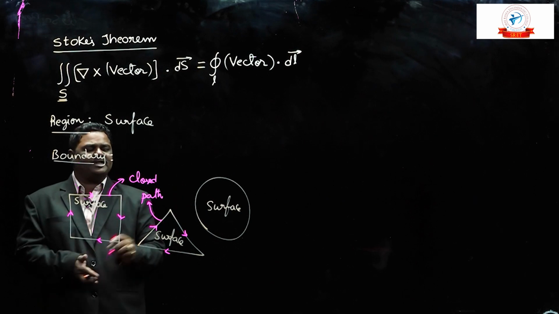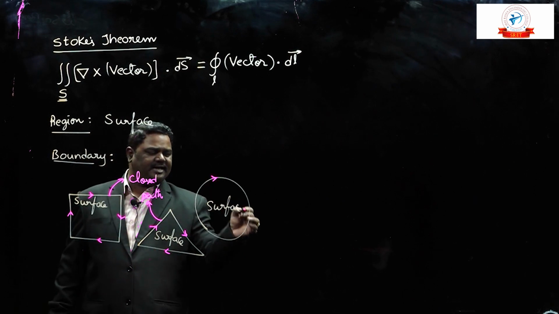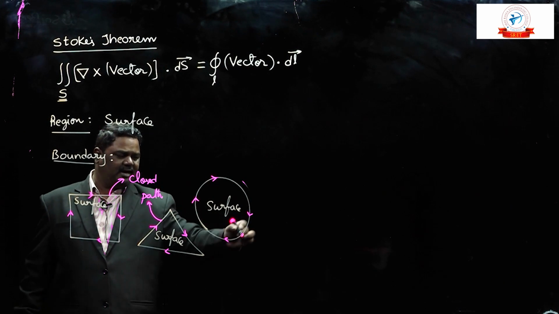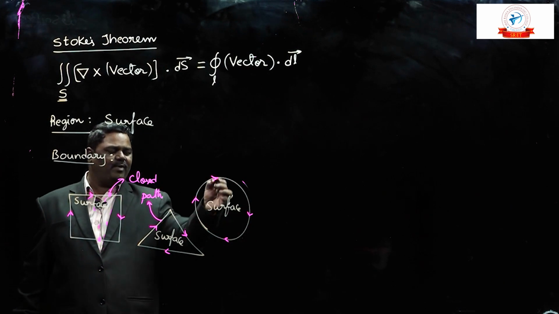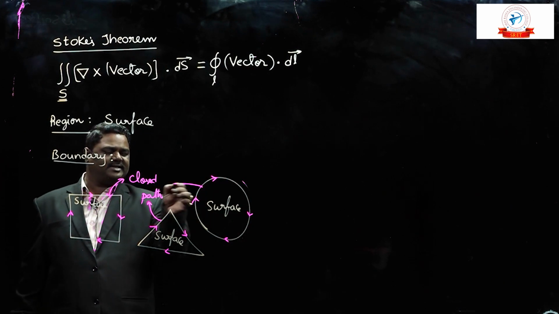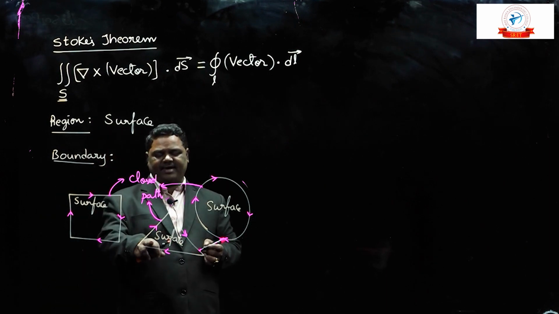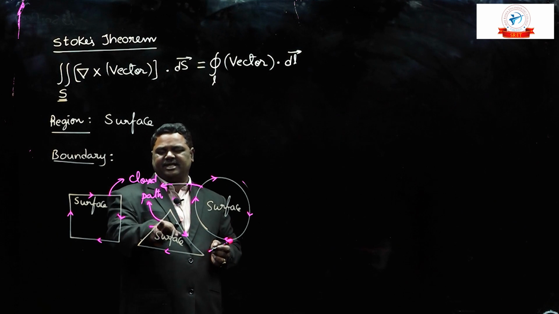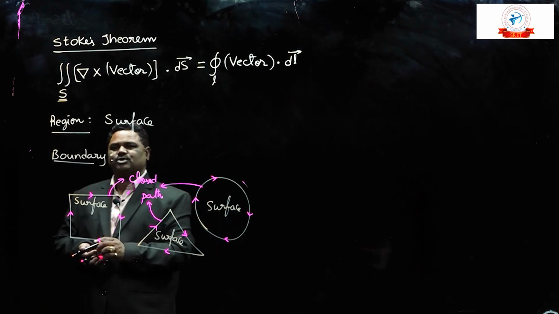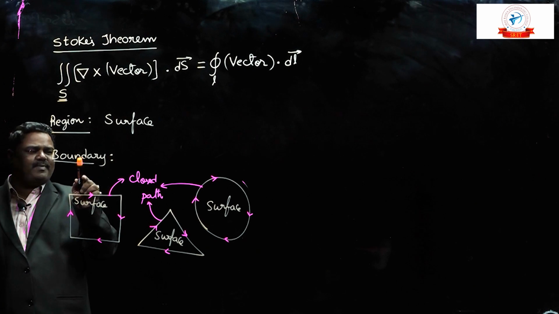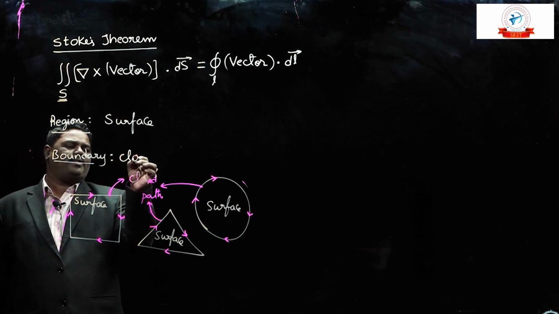Now what is the boundary for this finite surface? You can say that its boundary is its perimeter. So this is a circle. The circle acts as a boundary for the surface, and the circle is a closed path. Like this you can observe that for any finite surface, the boundary is nothing but a closed path. That's what we are going to write here: the region is a surface, then its boundary is nothing but a closed path.